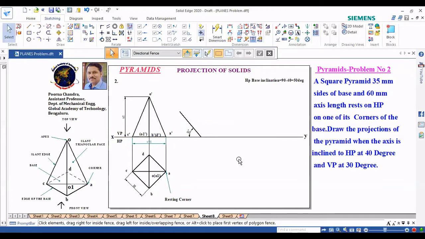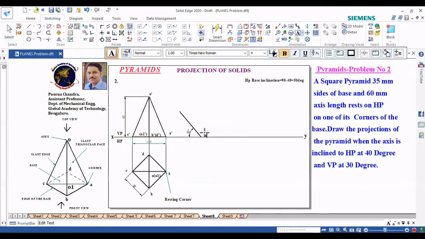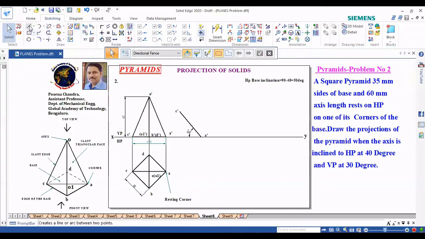So while drawing, what you need to do, so project a line for 50 degree from this side. This will be the base part. Okay. So actually this will be now A dash, and this will be C dash. Okay. C dash. So this I have drawn right now for 50 degree. Next, what I need to do, I need to project this and I need to draw.